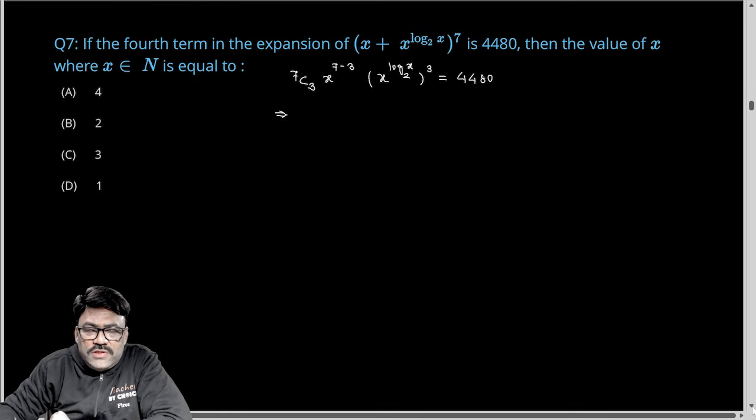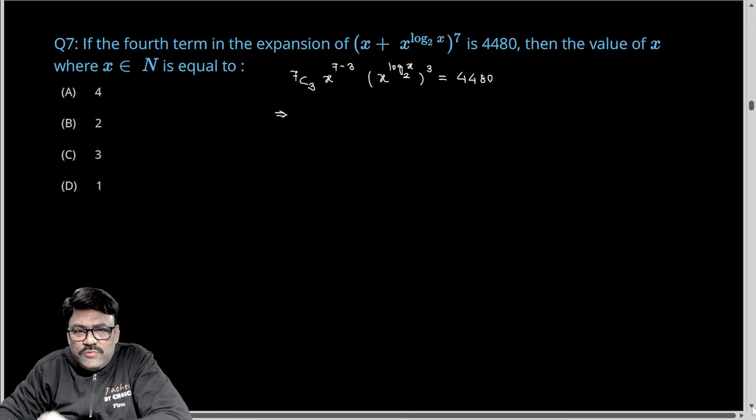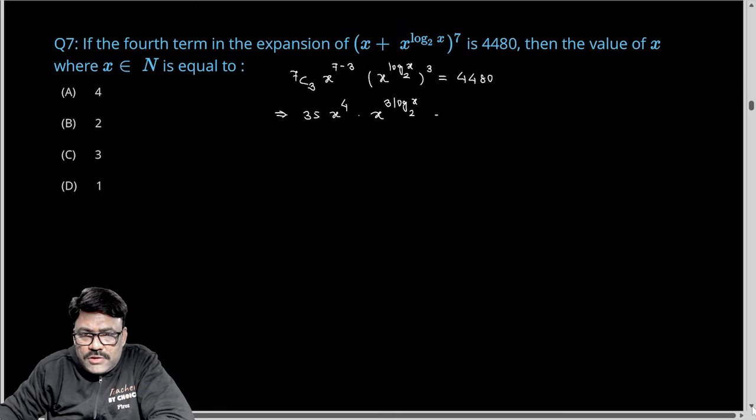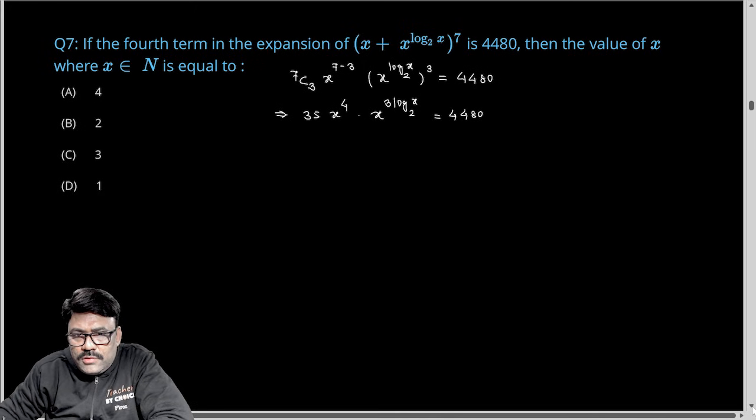7c3 is 7 into 6 into 5 over 6, so it is 35 actually. x raised to 4 here, and then I have x raised to 3 times log x with the base 2. It is 4480. Take this 35 to the left side. So what will be 4480 divided by 35?